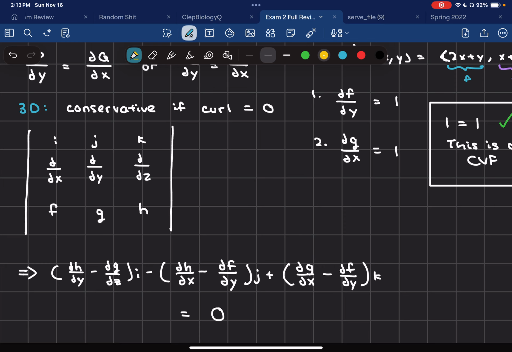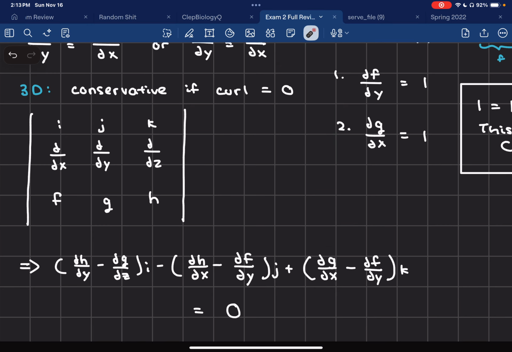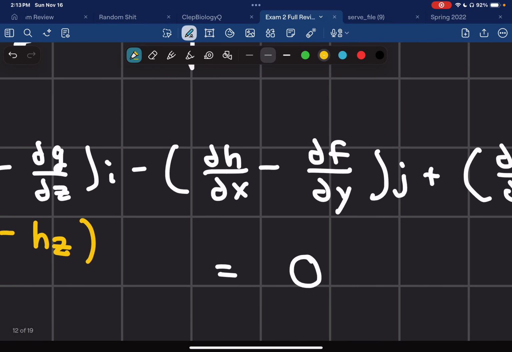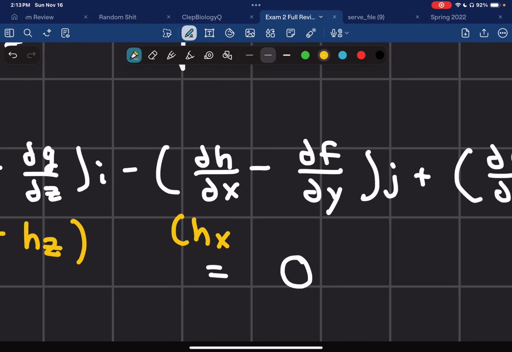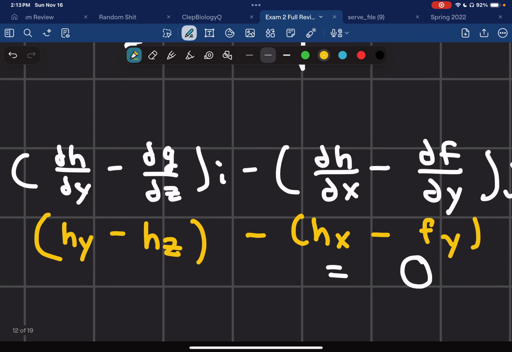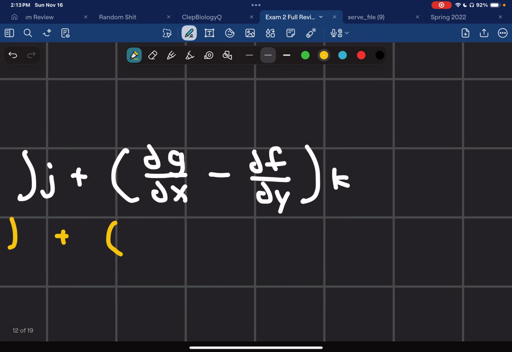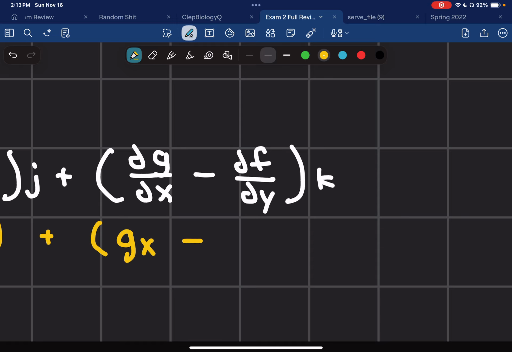For 3D, it's conservative if and only if the curl is equal to 0. Now, the curl for 3D is this very long cross product. You can think of it like this, right? I'm going to write it out. It's the partial of y of h minus the partial of z of g, the partial of z of f minus the partial of x of h, and then the partial of x of g minus the partial of y of f.